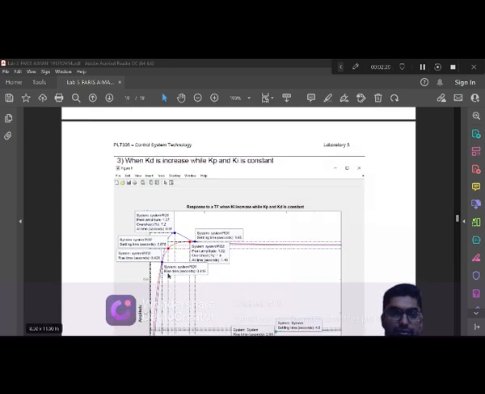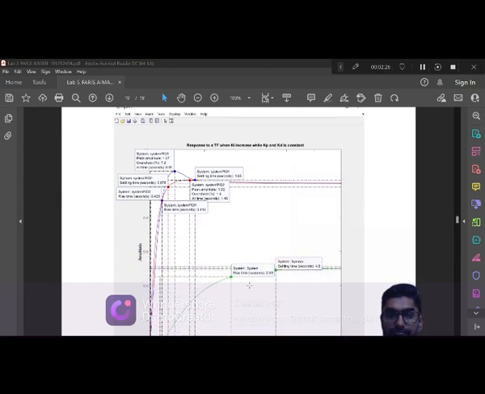Next, Kd is increased while Kp and Ki are constant also. You can see this is a little bit different. The rise time of the system for this one is 2.59 and the settling time is 4.6. For PID1 and PID2, there is a big difference in the curve of the graph.